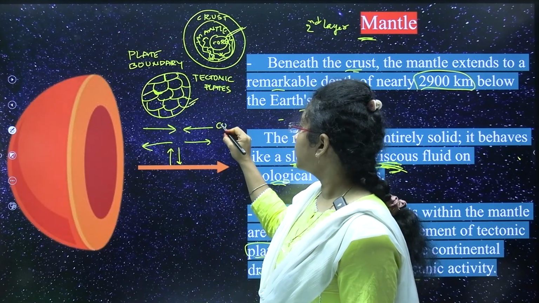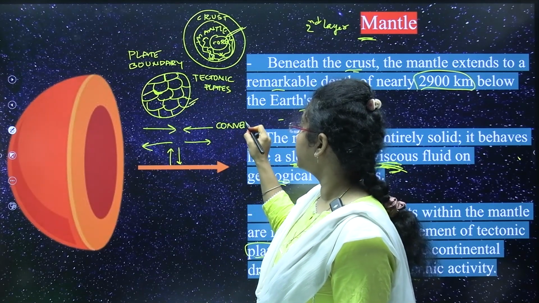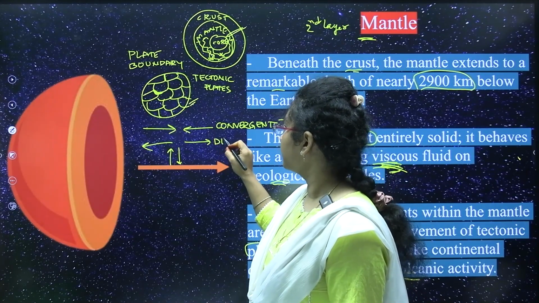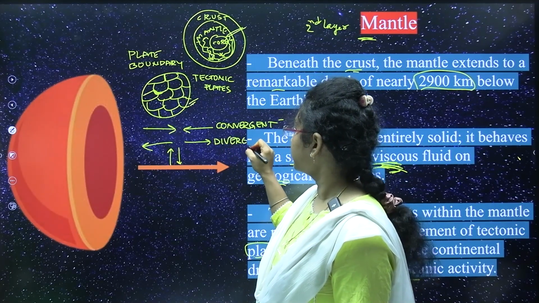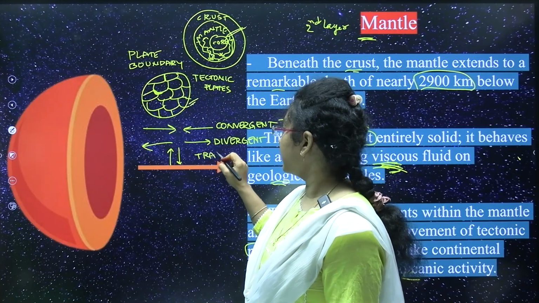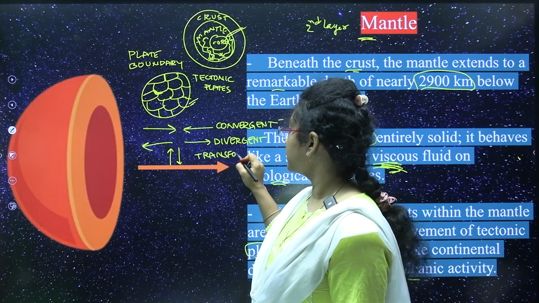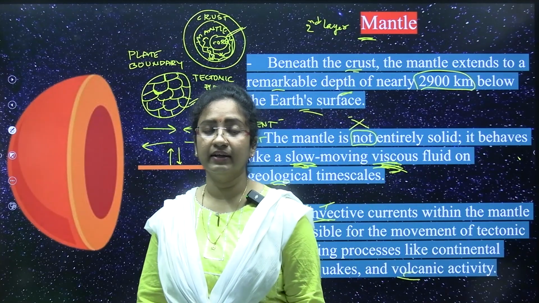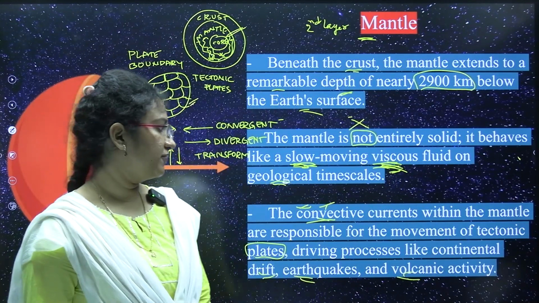One is our convergent boundary. When they come towards each other, we call it a convergent boundary. When they move away from each other, we call it a divergent boundary. And when they slide past each other, we call it a transform boundary. Right. So in this way, the tectonic plates move in three different ways.